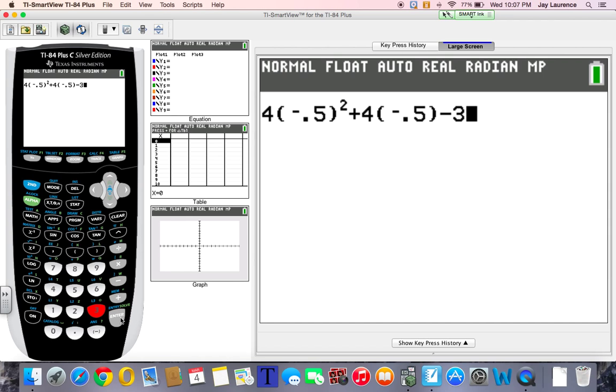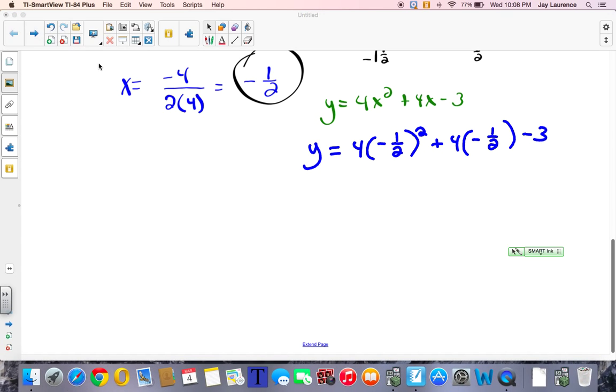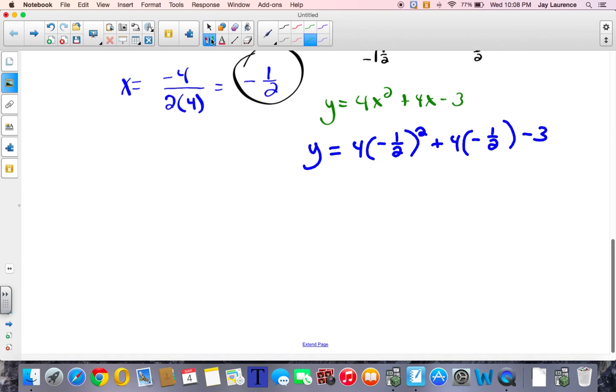Ready? Drum roll. The y-coordinate of the vertex is -4. Simple. So that means y equals -4.